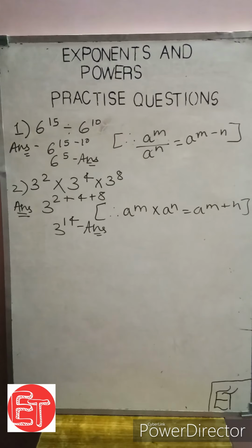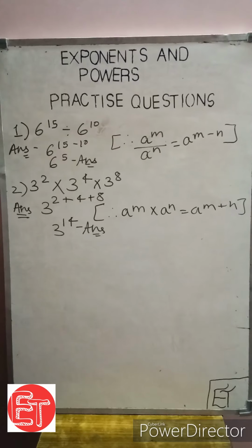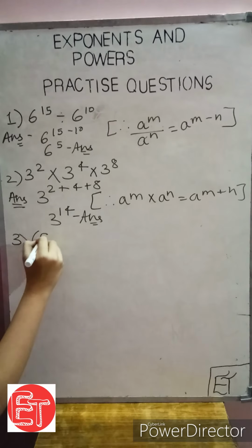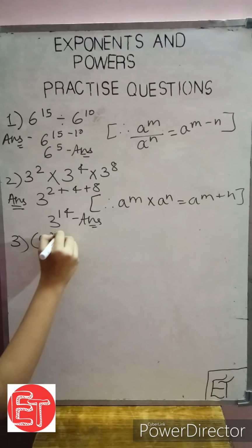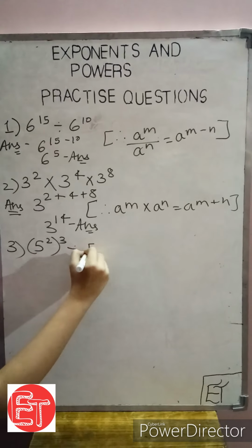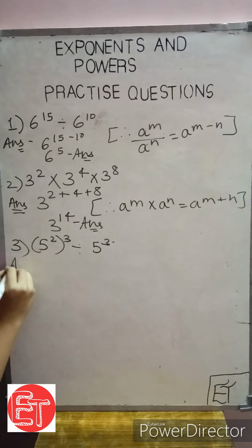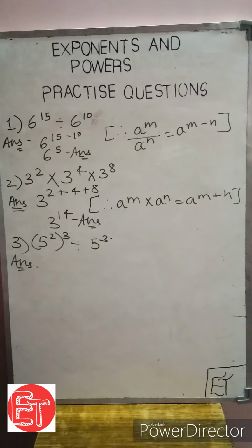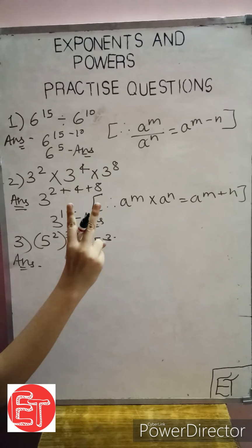Okay. So now let's do some mixed questions. Third, 5 bracket 2 raised to the power 3 divided by 5 raised to the power 3. In this sum, you have to do 2 operations. You have to apply 2 laws.